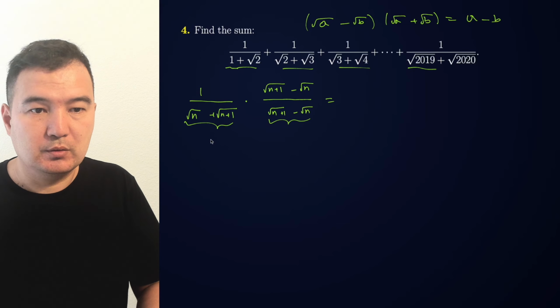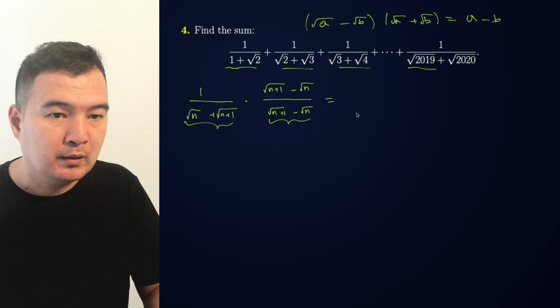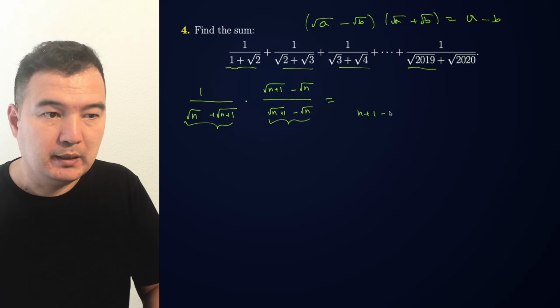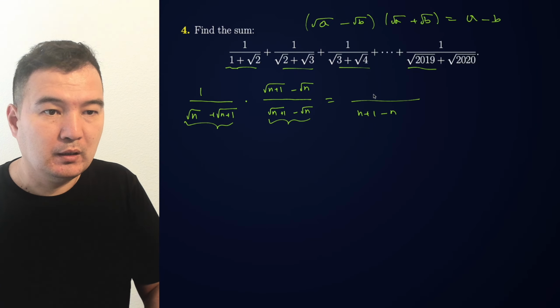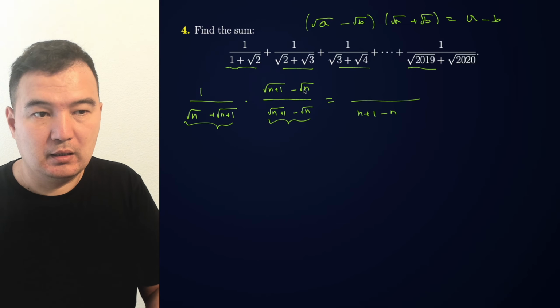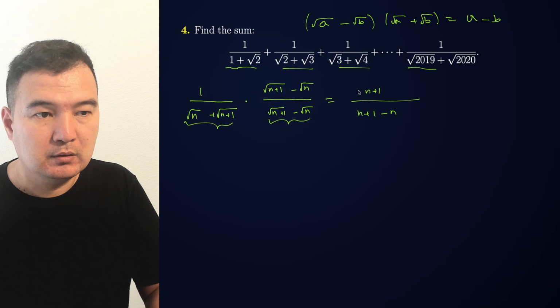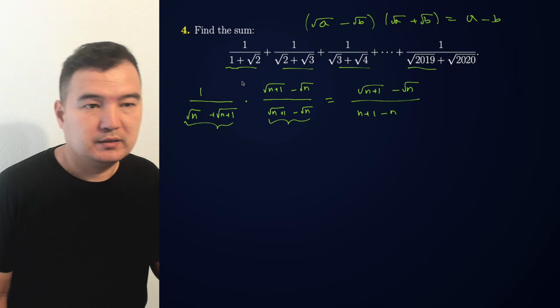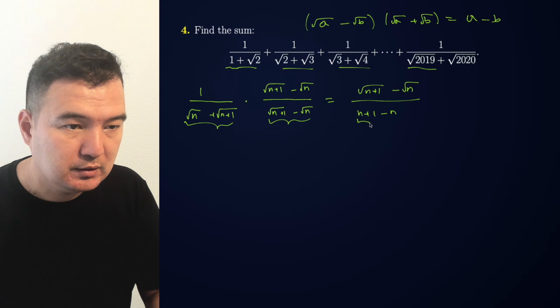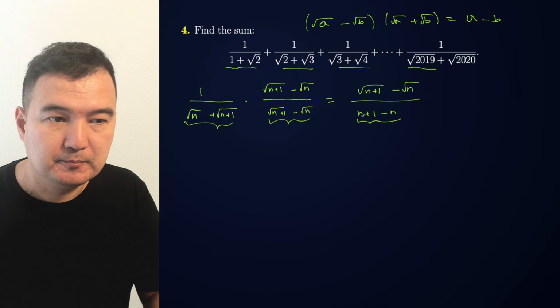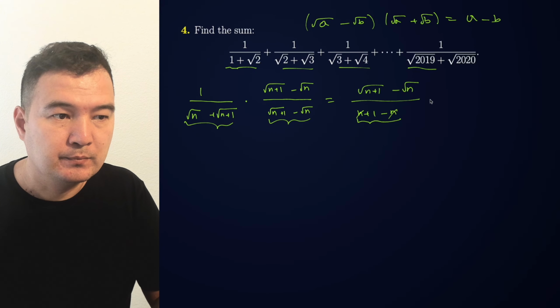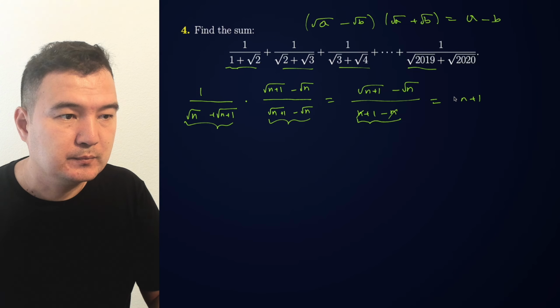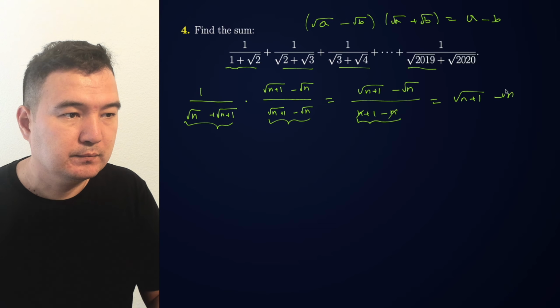So this should give me n plus 1 minus n in the denominator, and the numerator is square root of n plus 1 minus square root of n, multiplied by 1. So you see the denominator is 1, because n plus 1 minus n is 1.